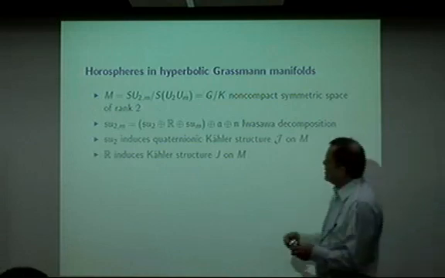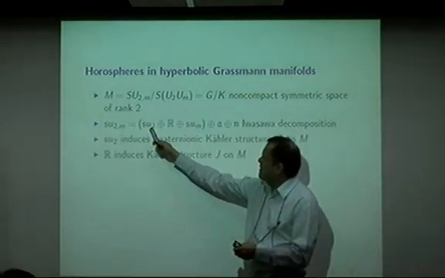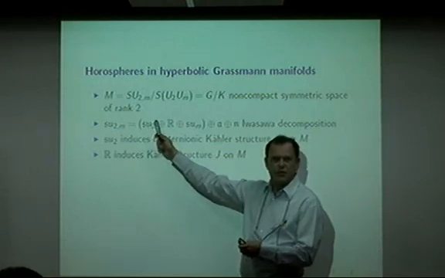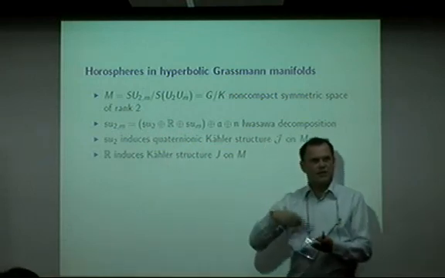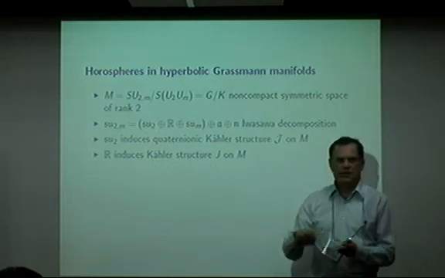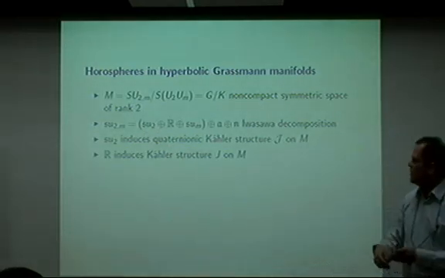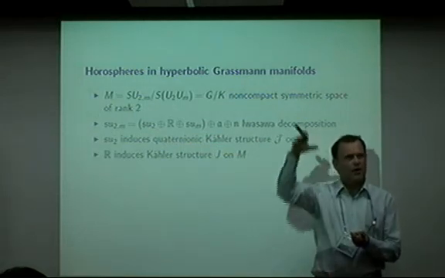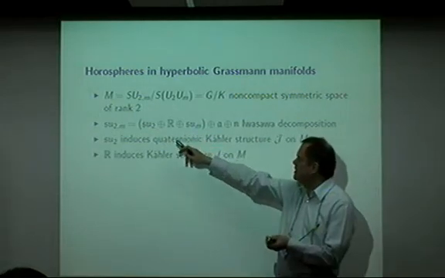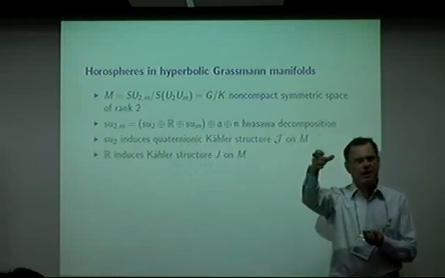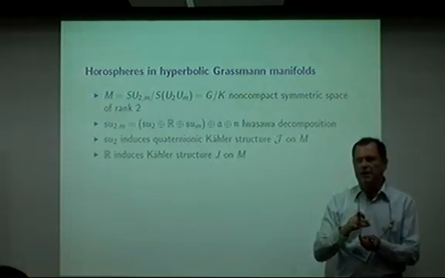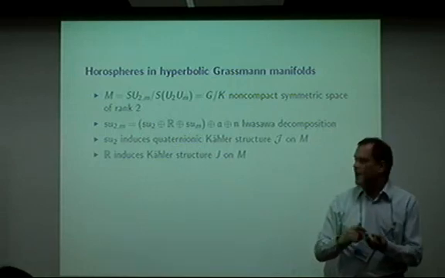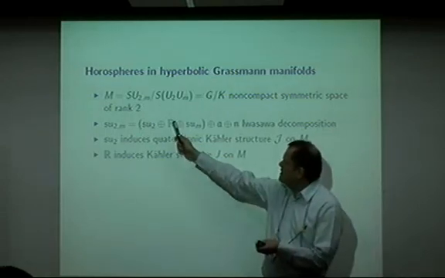Now, when we look at the stabilizer, if we take the adjoint action of SU2 on the tangent space, this gives us a quaternionic structure, and because of parallelity, we can move this around to any other point on the manifold. That's K invariant, this structure. So we can move this to any other point of the manifold, and what we get is a quaternionic Kähler structure.